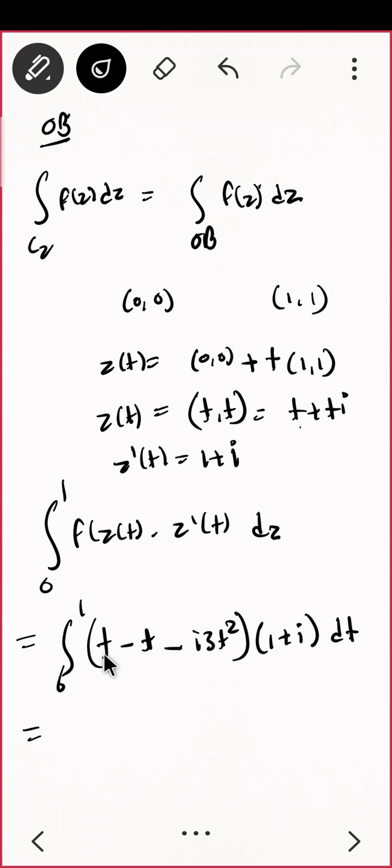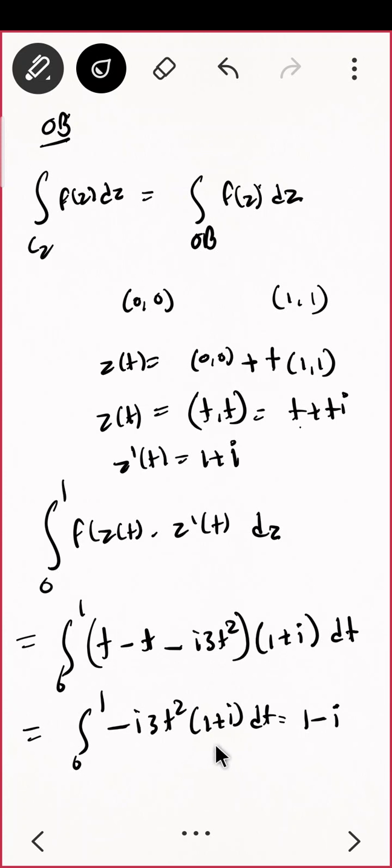So t and t is gone, 0 हो गया ये, and this is 1 plus i. So it is 0 to 1, minus i 3t square 1 plus i dt. Everybody is constant, just t square छोड़ के, so it will be t cube by 3. 3 3 cancel. Minus i multiply karo, you will get 1 minus i.